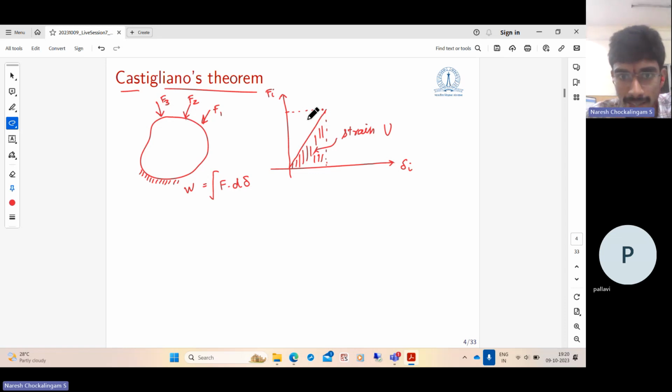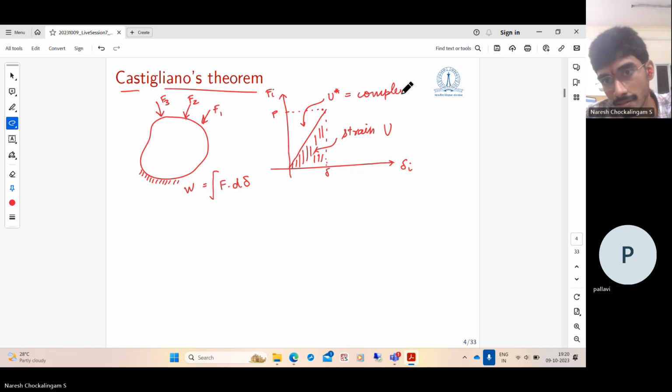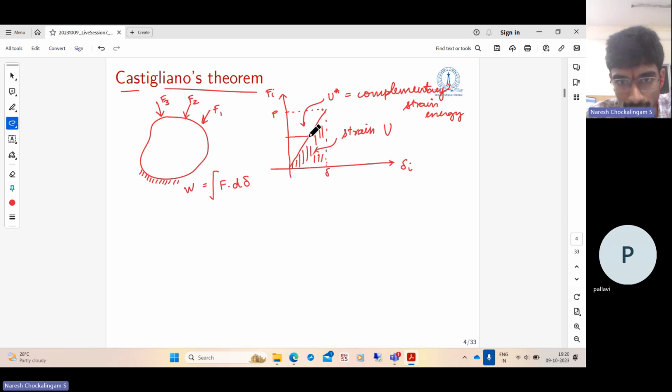There is also this region above the, let the force be P and displacement be delta. There is also this region which is lying above the force displacement curve. Let this region be called U star. And this is called the complementary strain energy. And yes, you can see if you consider a strip like this and integrate from 0 to P, so this is integrated from 0 to delta, what we have is the complementary strain energy.